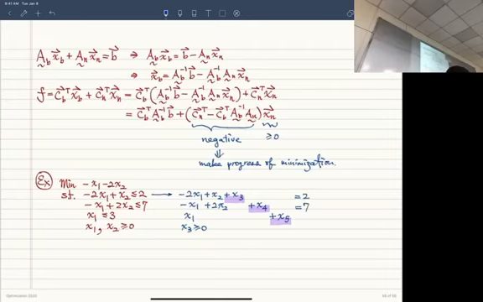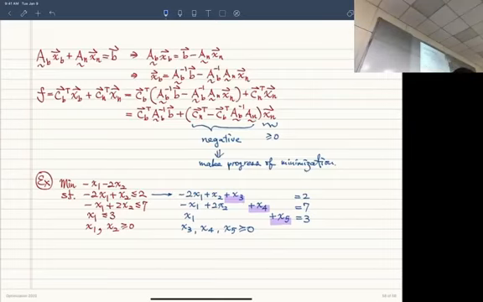So in total, I introduce three additional slack variables, and those slack variables have to be larger than or equal to 0. This is how this whole trick works.